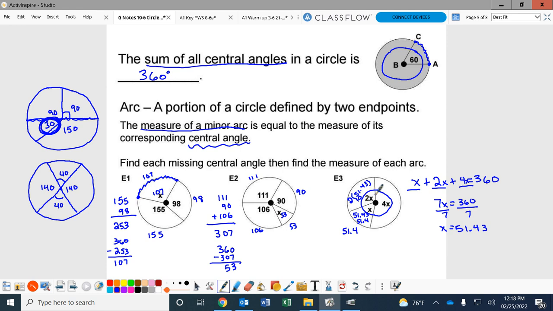Do the math on that, guys. Rounded to 1 decimal because that's our final answer. 102.9. Good. And then the last one is 4 times that 51.43. What is that rounded to 1 decimal place?